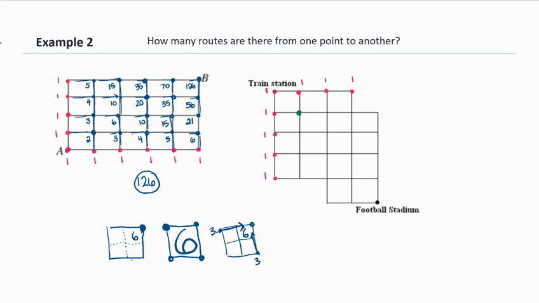So a 1 and a 1 is a 2. 2 and a 1 is a 3. 3 and a 1 is a 4. And look at here. This node right here only has one line going into it. So it's a 4 plus nothing is a 4.